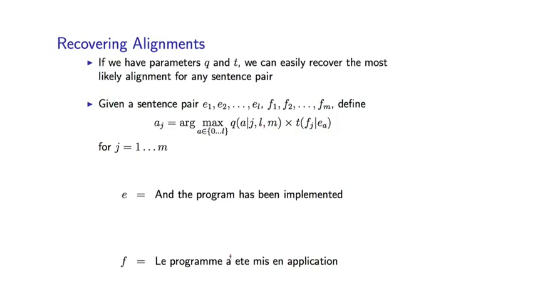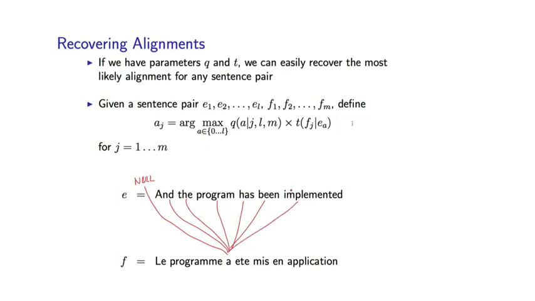Say I want to align this word "a" in French. It could potentially be aligned to any one of the English words, or it could be aligned to null. Any one of these possible alignments is possible, and we have to choose between them.